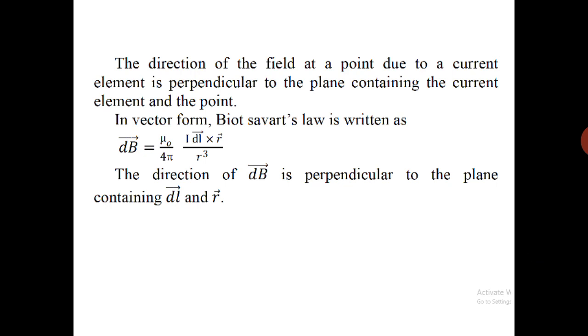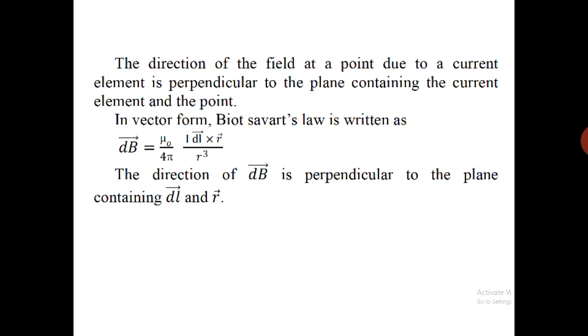One more term is remaining here. The direction of the field at a point due to a current element is perpendicular to the plane containing the current element and the point.